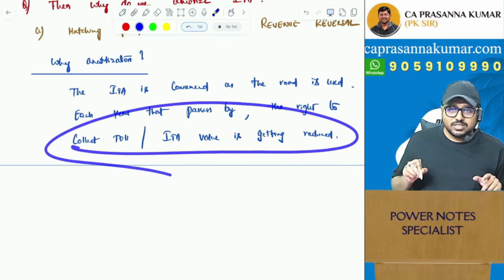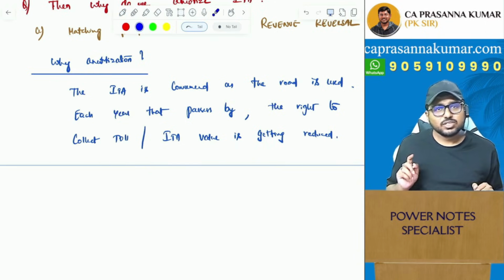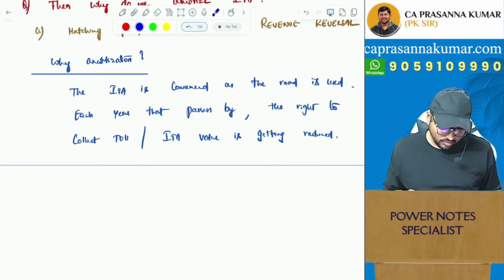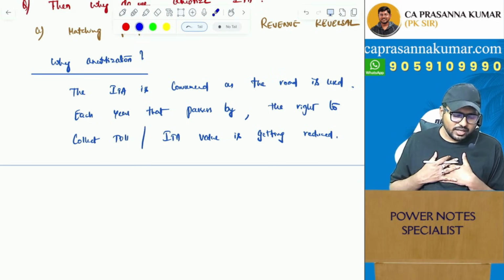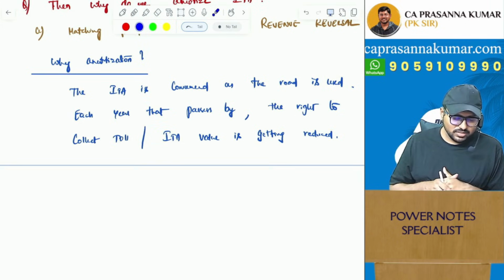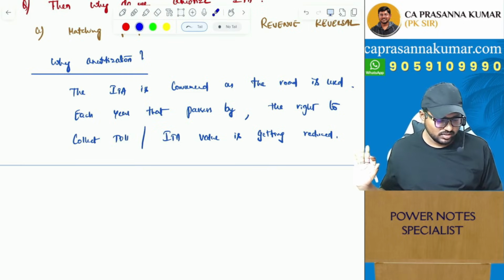So now this is what is happening. That has to be accounted, and that is what you are accounting by way of amortization of the intangible asset. Simple. So what will be the entry? Amortization expense to intangible asset. I'm consuming my right to charge users as I operate the road. As simple as that. Therefore, this is not like reversing your construction revenue. It recognizes the cost of using the right. That's all. Am I clear?